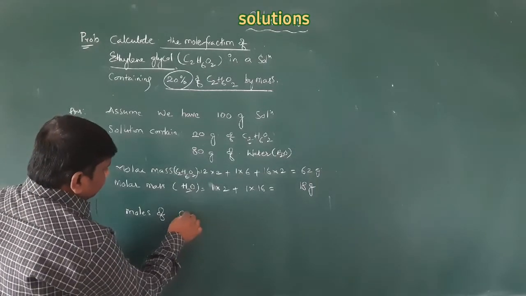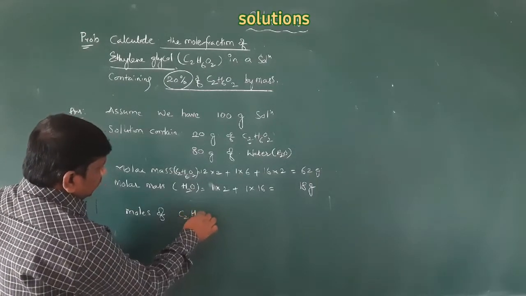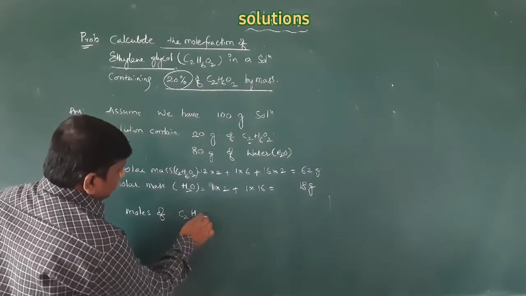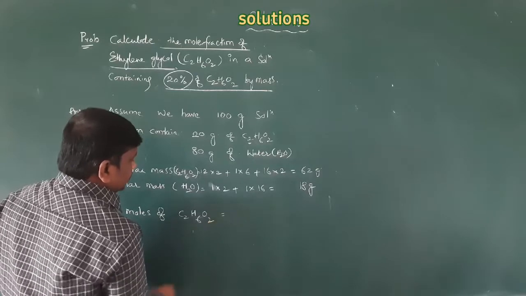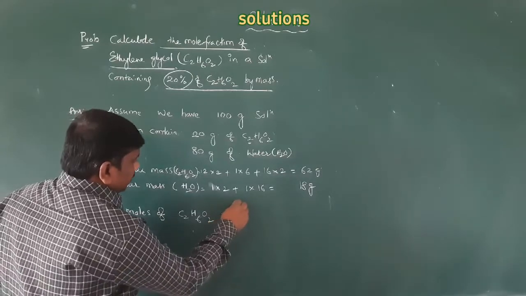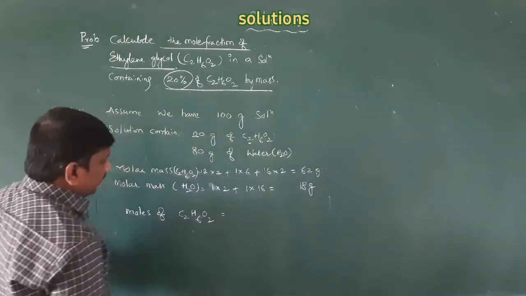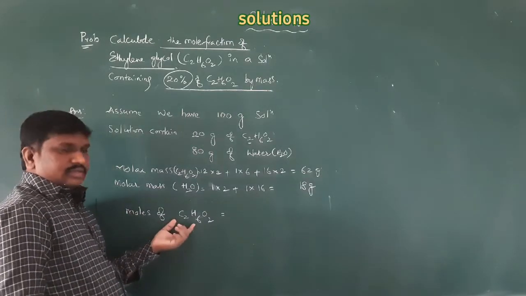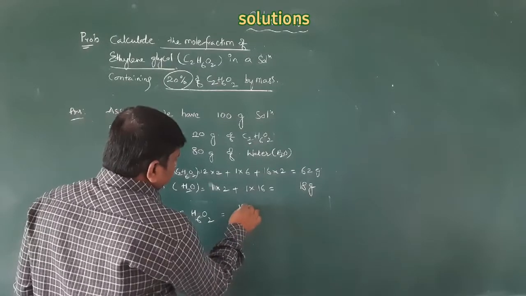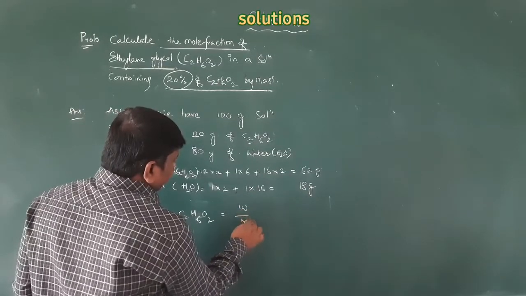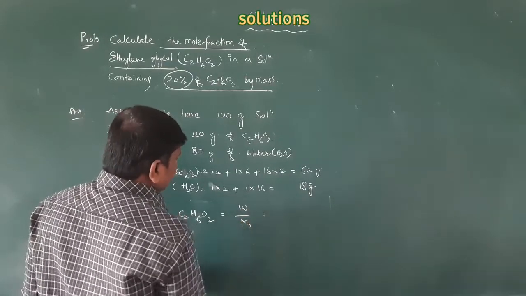So now the moles of ethylene glycol, C2H6O2, is equal to the weight of the solute, or weight of the component, by molar mass, W by M0.